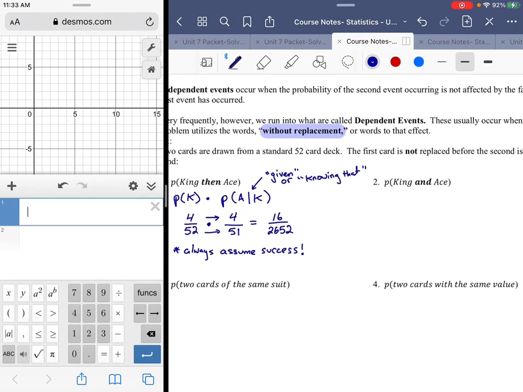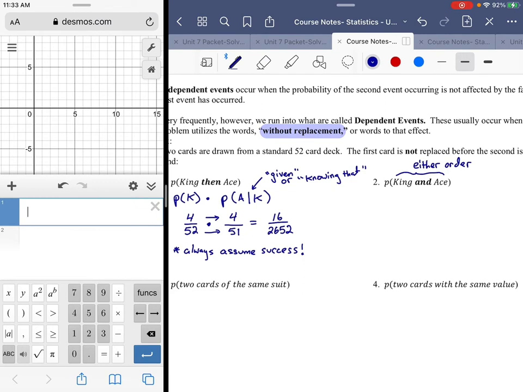So, a king and an ace. This is implied to mean either order. It's saying that the 2 cards that were selected were a king and an ace.